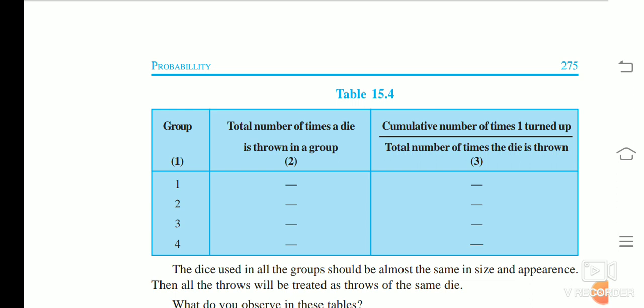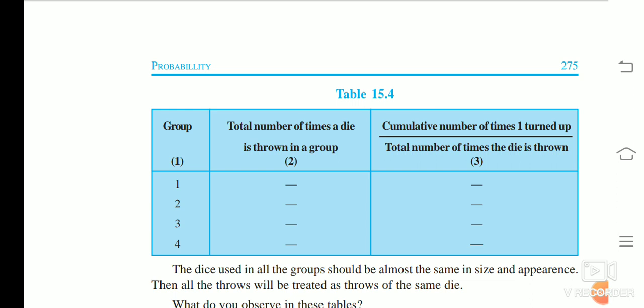For the second group, similarly just use the die and throw the die up to 10 times. Note down the number of times one appears. So you have 4 times, now the cumulative number of times one turns up is 3 plus 4, that is 7 divided by 10 plus 10.